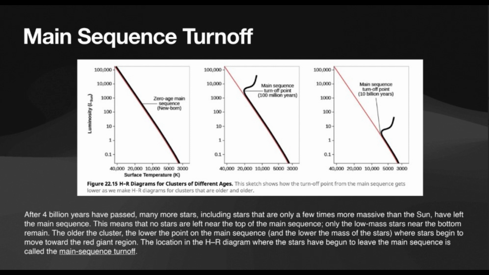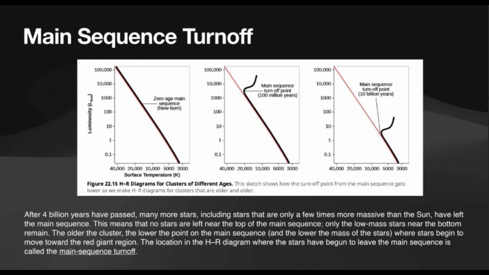After 4 billion years have passed, many more stars, including stars that are only a few times more massive than our sun, have left. Our sun is one solar mass. That's how other stars are compared to our sun.